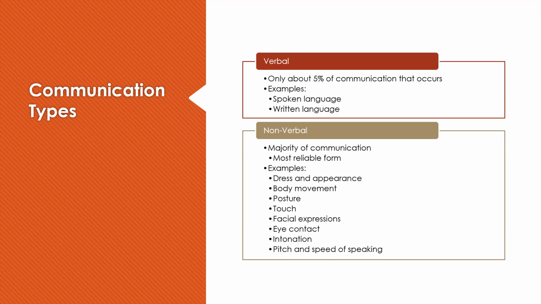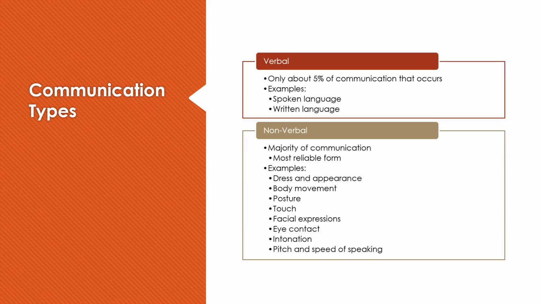Then we have nonverbal communication, which is the majority of communication, anywhere from 93 to 97% of the communication we use. It is the most reliable form because it often conveys what we're thinking or feeling without us necessarily having to say it. Examples of nonverbal communication would be things like how we dress and how we appear, our body movements, like any hand gestures.